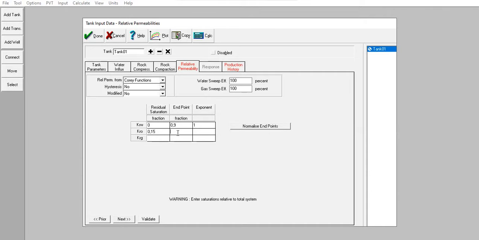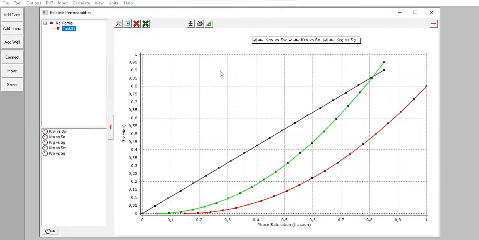Okay, and then for this one, 0.82, and for the gas relative permeability with endpoint, okay, exponent 2. All right, you can check the plot by clicking this one.